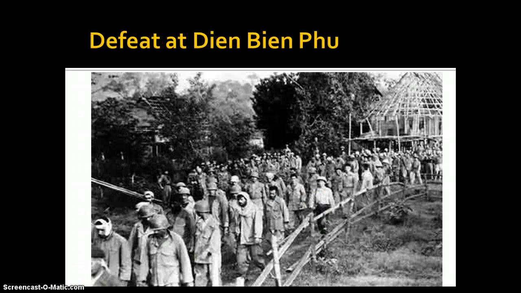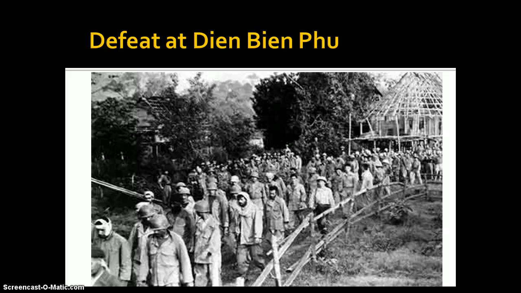Alright guys, the war was very unpopular in France. There were heavy casualties, and they just could not figure out how to defeat the Viet Minh. So a final thing the French tried: the French commander decided to occupy a mountain town known as Dien Bien Phu.